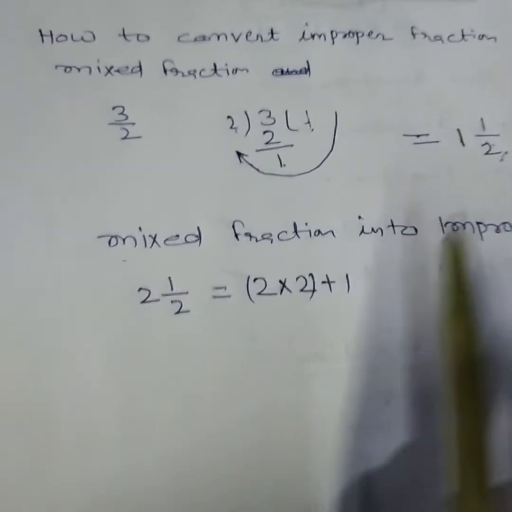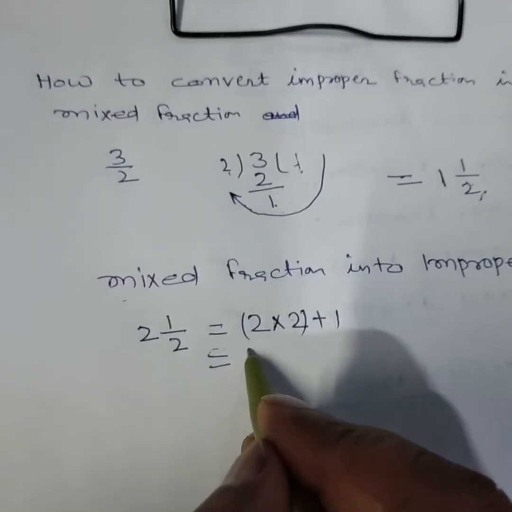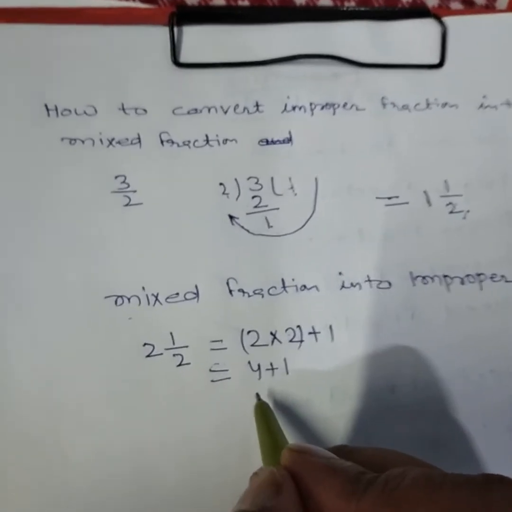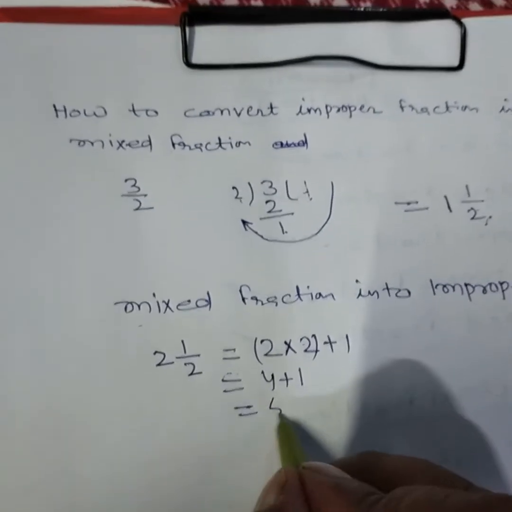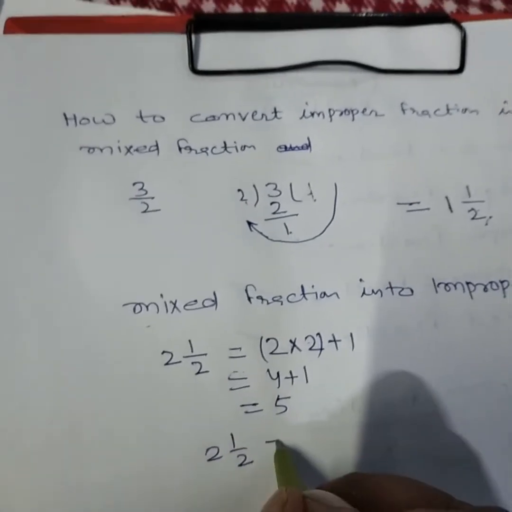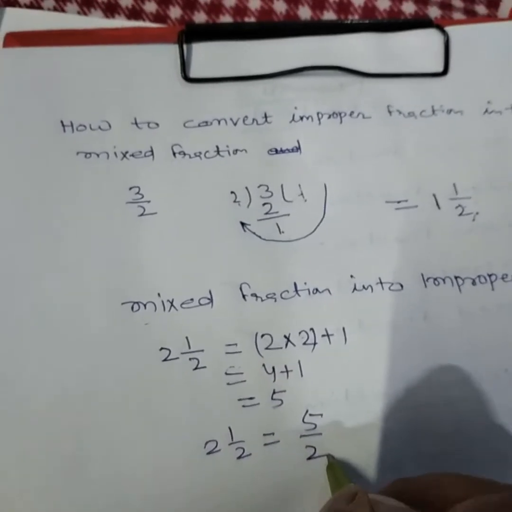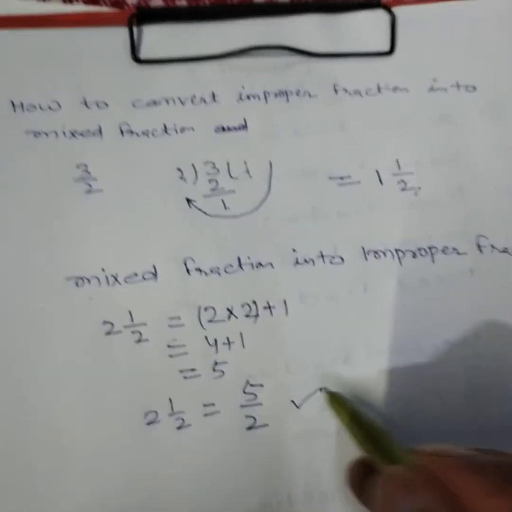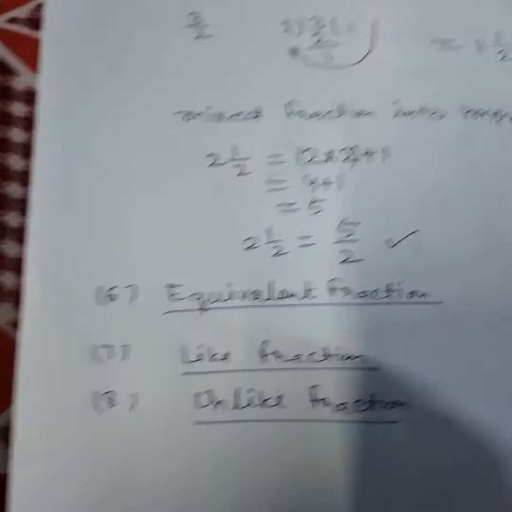In this way we will write it, then it becomes 2 into 2, 4, plus 1, and the denominator is also the same. So 2 1 upon 2 is equal to 5 upon 2, as the denominator is the same. This is the method to convert a mixed fraction into an improper fraction.